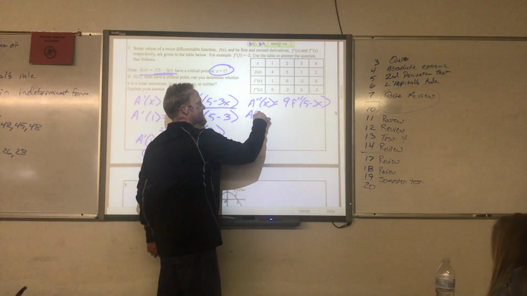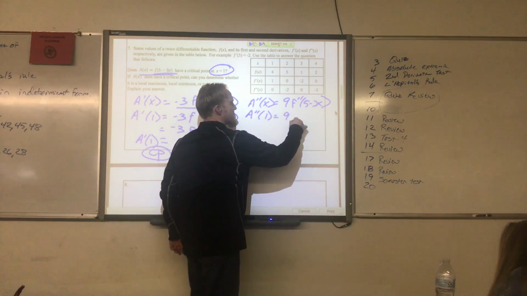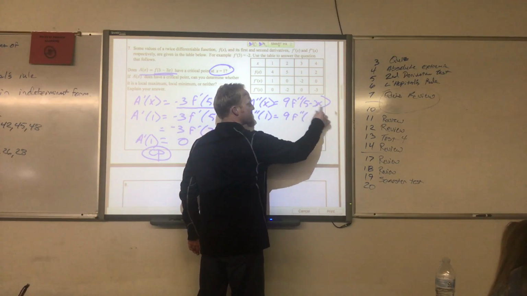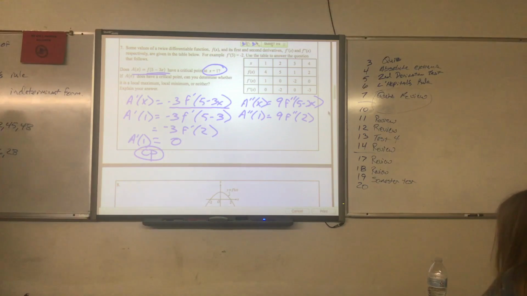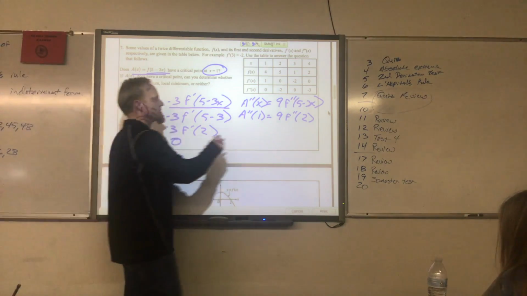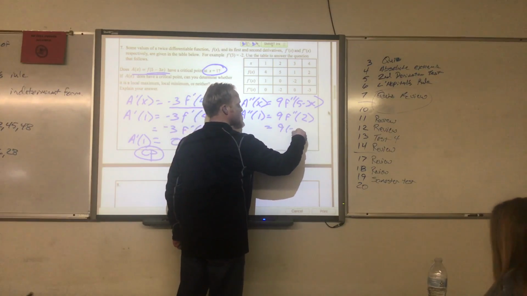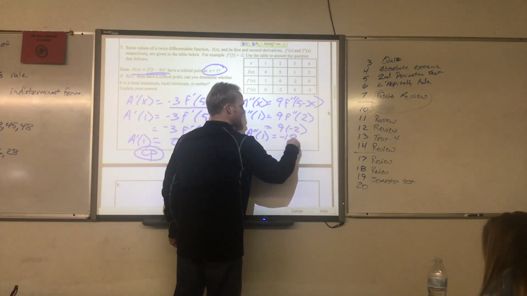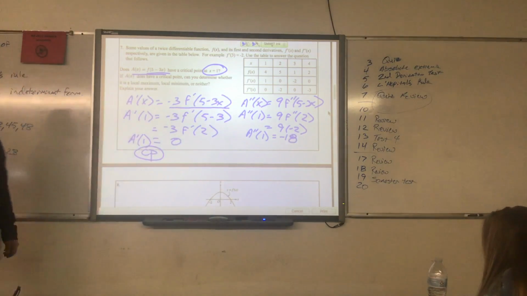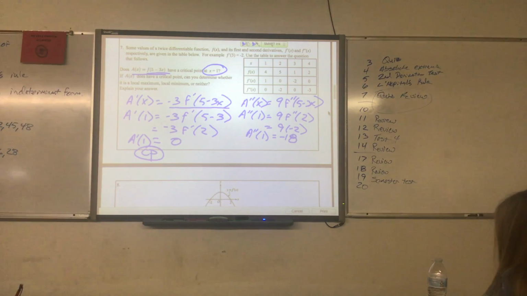Plug in 1. So 9 f double prime, if I plug in 1 here, I get my 2. And what does the chart say that f double prime of 2 is? Negative 2. So I have 9 times negative 2. That means g double prime of 1 is negative 18, which means I have a max or a min? Yes, I have a maximum.